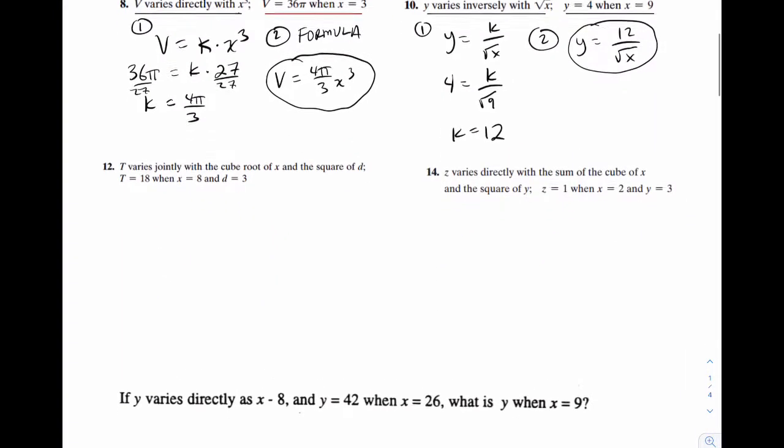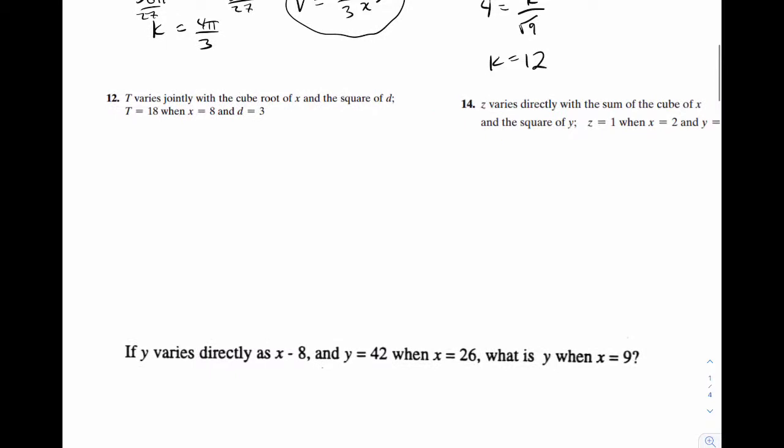Okay, a couple more examples. T varies jointly. So this is going to come up a few times, this word jointly. Jointly is the same thing as directly, except there's multiple terms. So just write directly with multiple terms. So T is going to be equal to your constant, and then it says cube root of x times the square of d, so d squared.